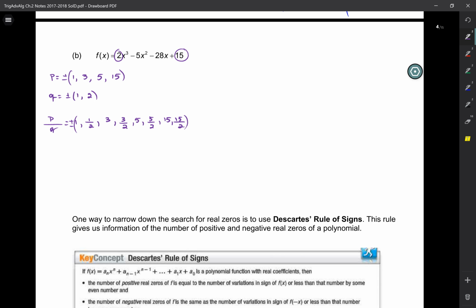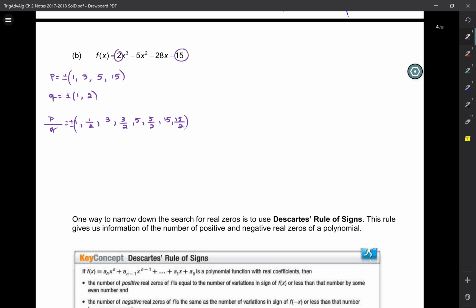Okay, so how many numbers are there? Just in the parentheses, there are 8 times 2, 16. So we're going to have to try synthetic division with 16 of these, until we get one that works. There are 3 possible zeros. So, technically, the most you're going to have to try is 14 numbers.